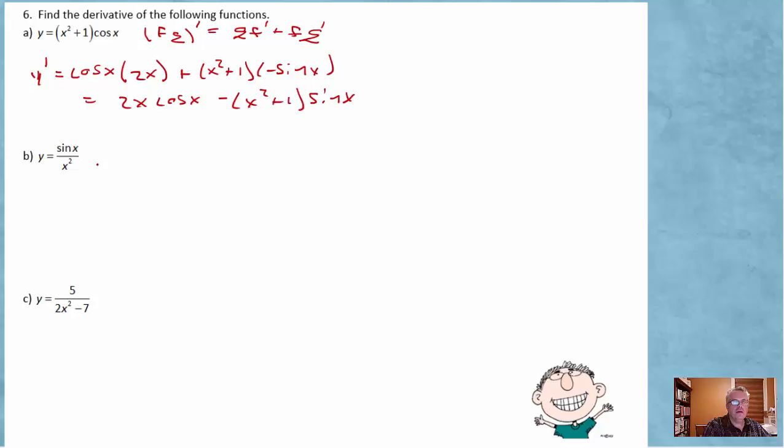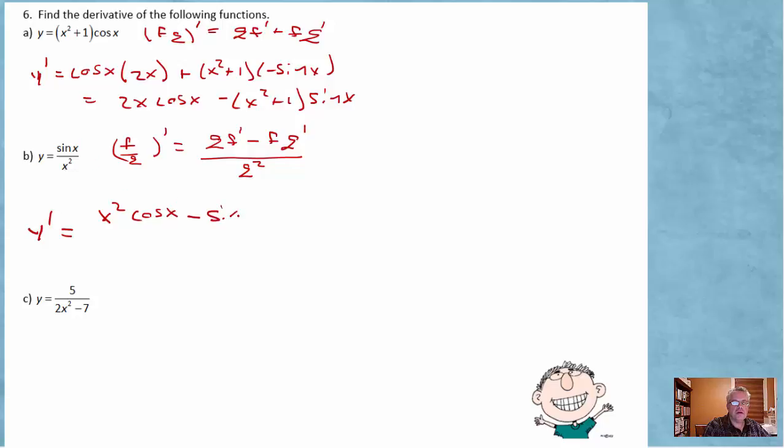So if I just kind of rewrite it, I get 2x cosine x minus x squared plus 1 sine of x. That's the derivative. Okay, this is a quotient, so we're going to use the quotient rule. So f over g prime equals g f prime minus f g prime all over g squared. This time order is important because there's a subtraction there. Alright, so let's plug in. Y prime equals g, that's x squared. F prime, that would be cosine x, minus f, that's sine of x, times g prime, that's 2x, all over g squared.